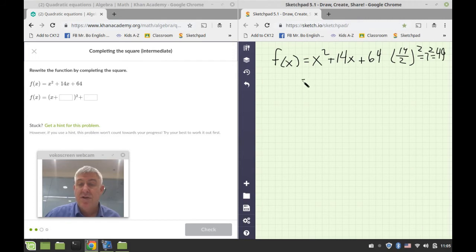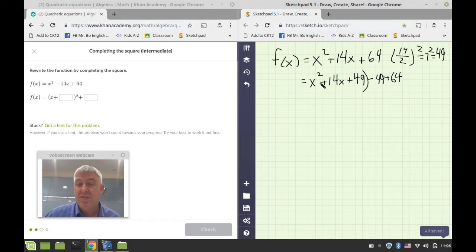So an easy way to do that is just add 49. And because we can't just add 49, we also have to subtract 49. And we still have our plus 64 over there.